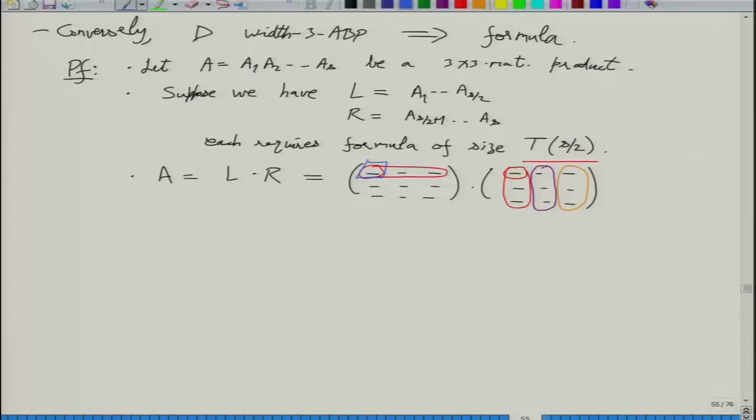So how do you save this? I mean, how do you make fan out 1? Exactly, you have to make copies of this. So that will be a slight blow up.